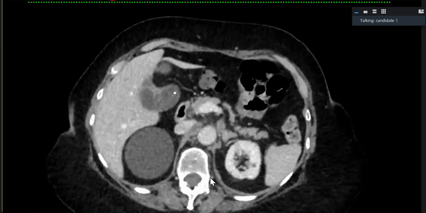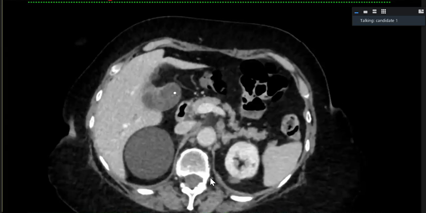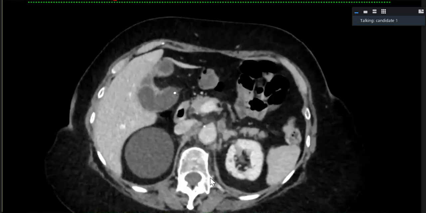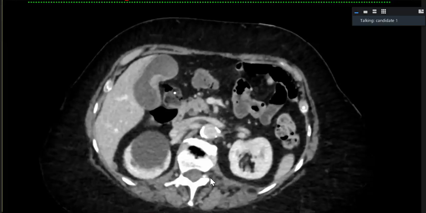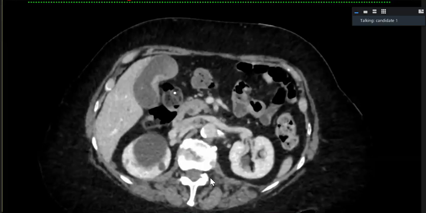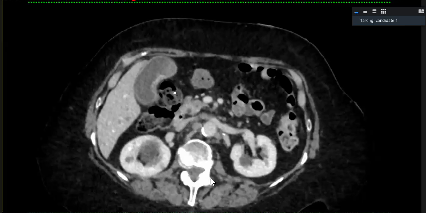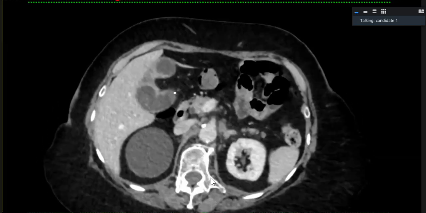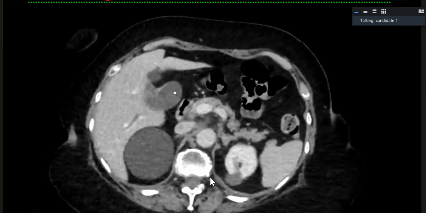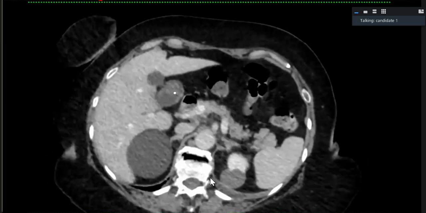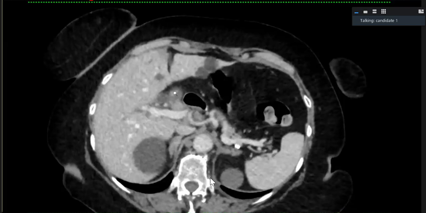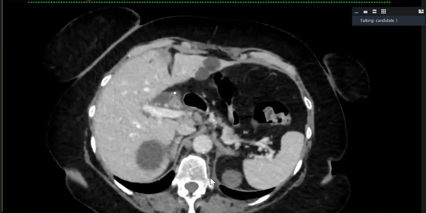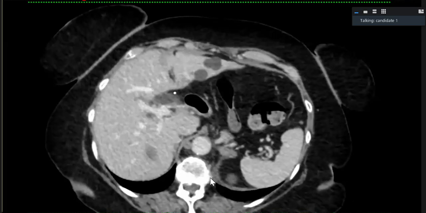However, in my routine practice, I also review the non-contrast study. The gallbladder wall is seen normal. I want to see down the extension of the lesion. I think the lesion is extending down to the CBD as well.